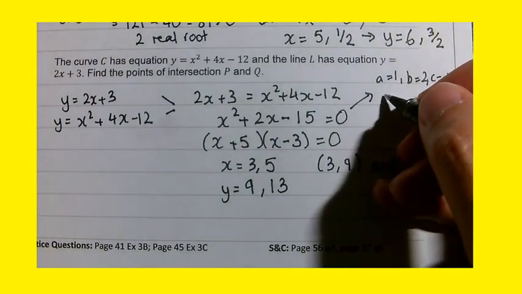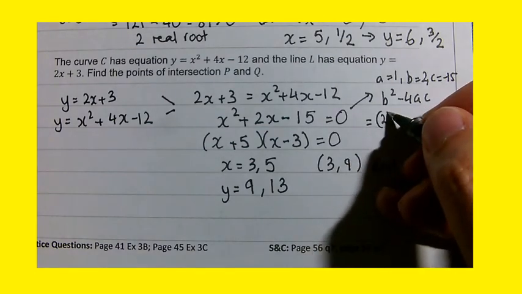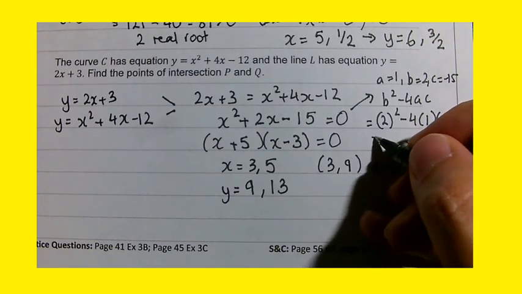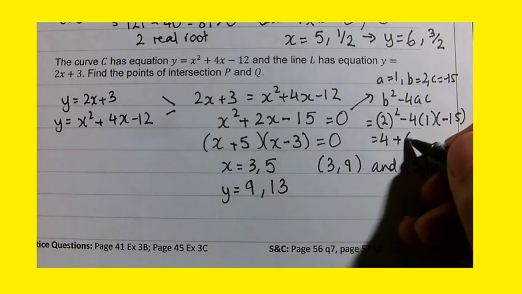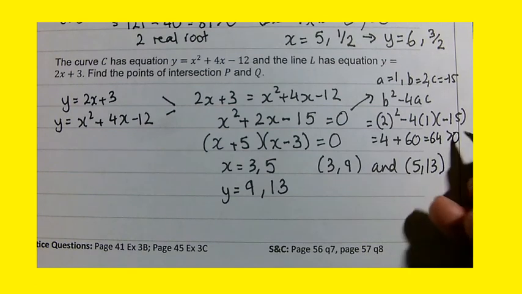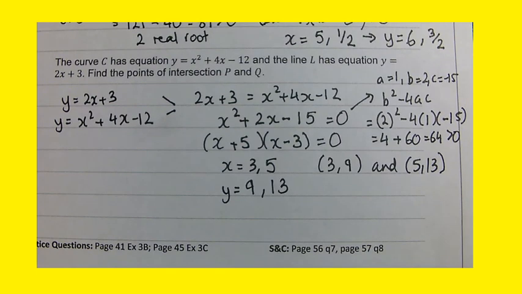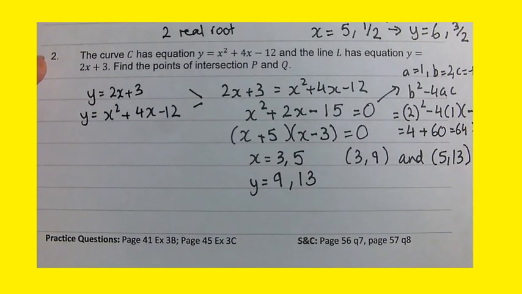Okay, so b squared minus 4ac equals 2 squared minus 4 times 1 times minus 15, 4 minus 4 times minus 15 is plus 60, which equals 64, greater than 0, therefore 2 real roots, which the mathematics shows us to be true. Okay, so remember, we're applying the discriminant to see what the geometrical relationship is, but we're applying it at a specific stage in the working where we have a quadratic in x, which comes from doing the substitution from the linear into the quadratic.